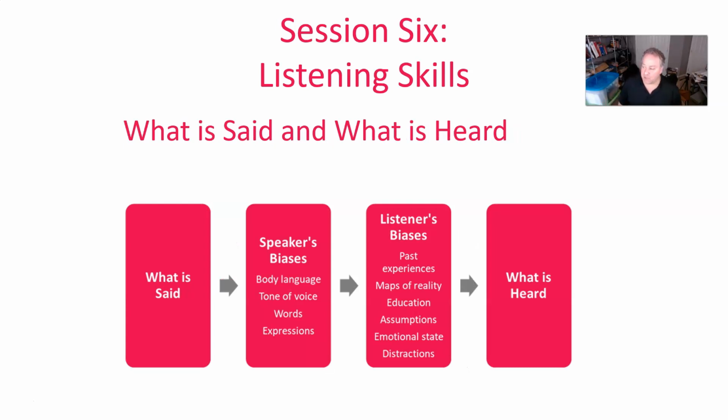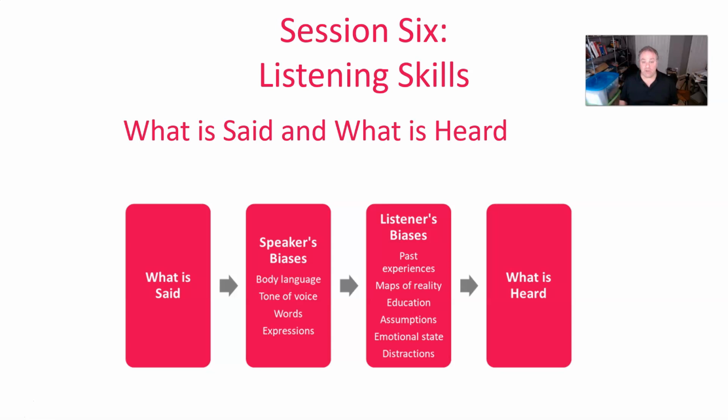Also, keep in mind that you and the speaker, the person you're talking to, have biases, prejudices, beliefs, and things that will color their interpretation of what is said versus what is heard. So you start out with somebody saying something, and then whoever is speaking will add their biases to it.